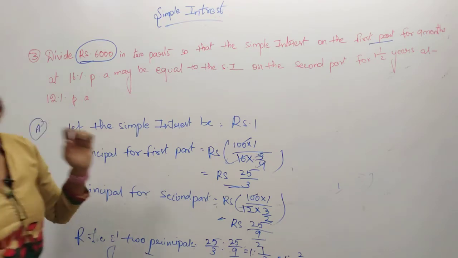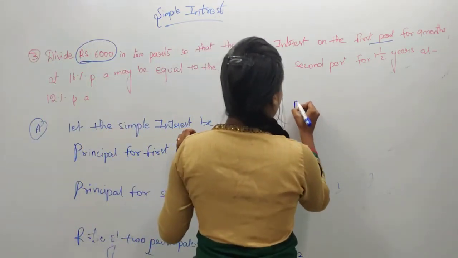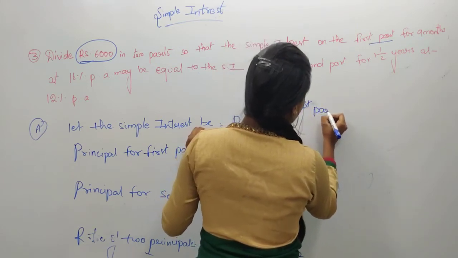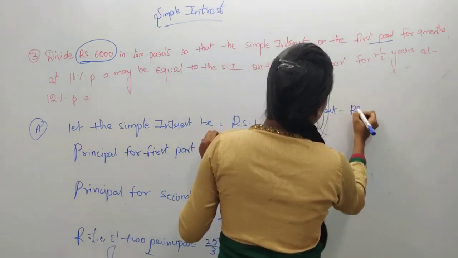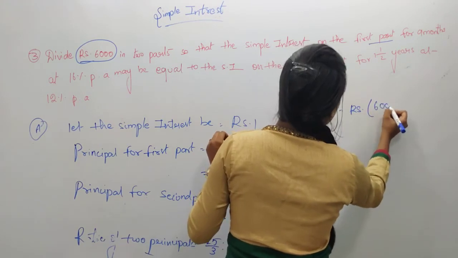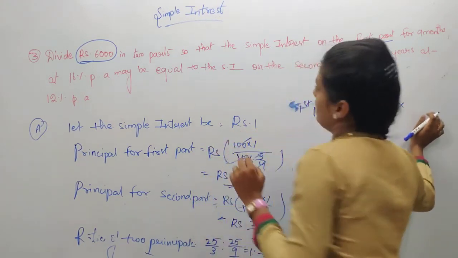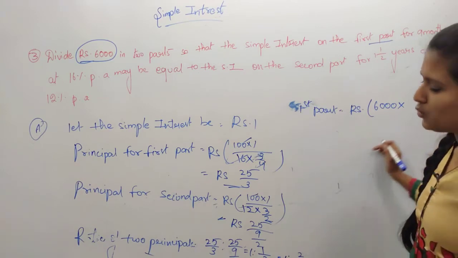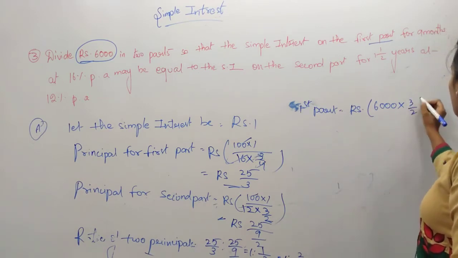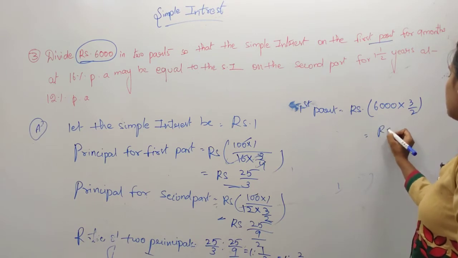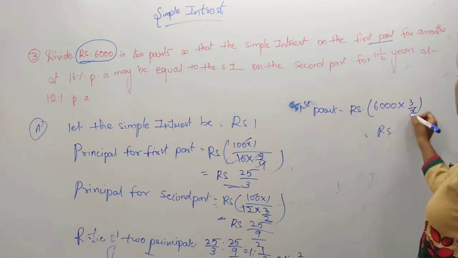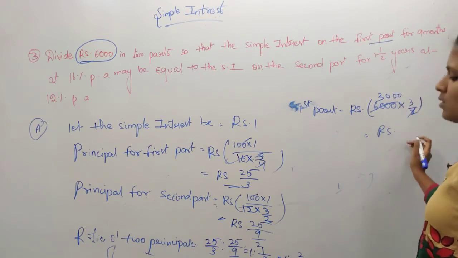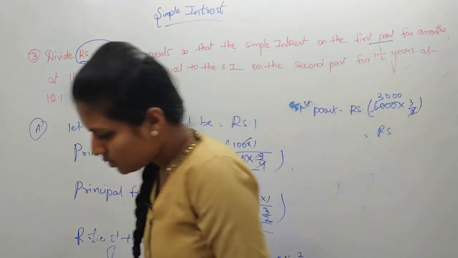Then what we will do: rupees, first part is equal to rupees 6,000 into 3 by 2. By doing cancellation, how much amount did he get for the first part?